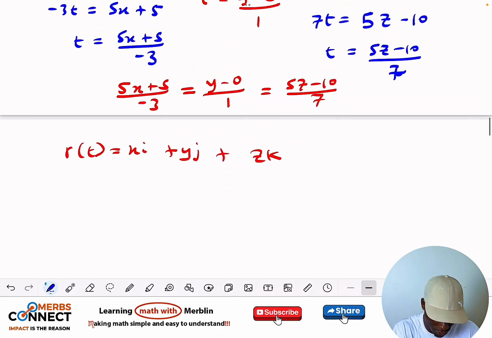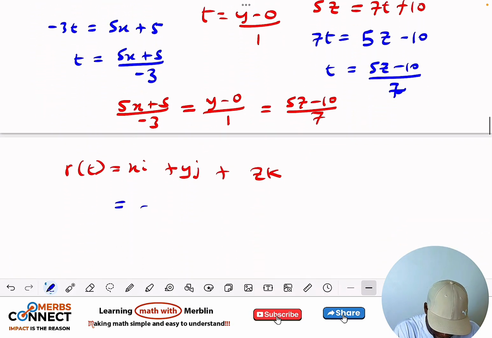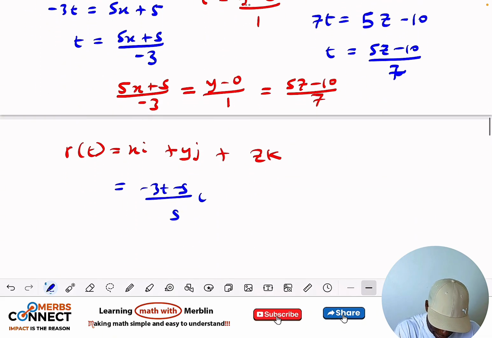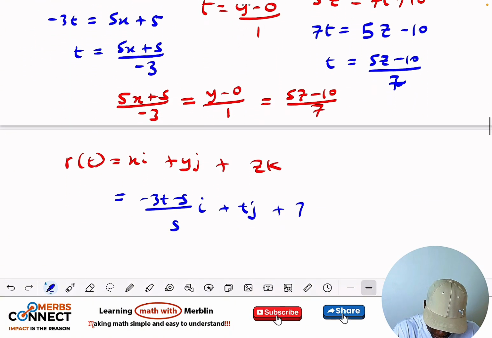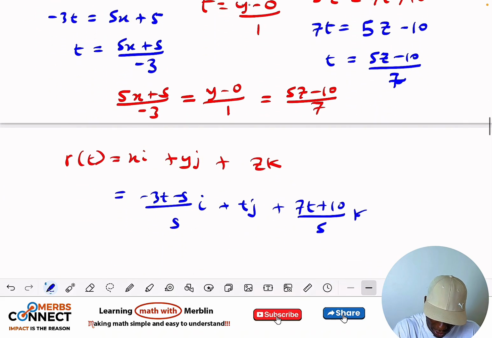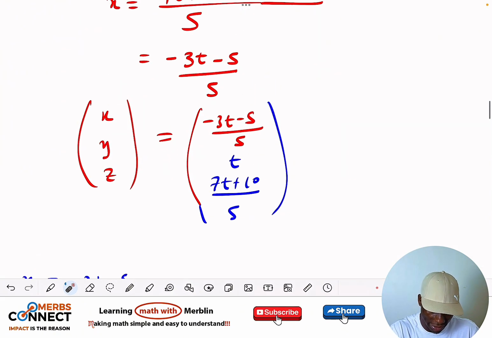So I'm going to write this as x was equal to minus 3t minus 5 divided by 5, i, and then y is t, j, plus z is 7t plus 10 divided by 5, k. So this is the parametric form, this is the symmetric form, and this is the vector form.